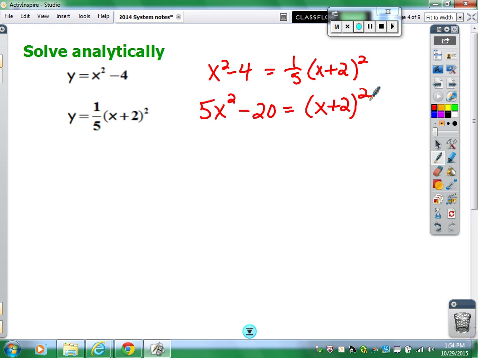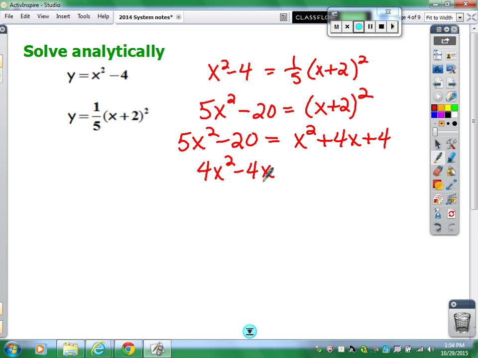All right, I need to solve for x. That means I need to FOIL this out. I'm going to get x squared plus 4x plus 4. All right, now I need to get it in standard form. I'm just solving for x. So subtract x squared, subtract 4x, and subtract 4.